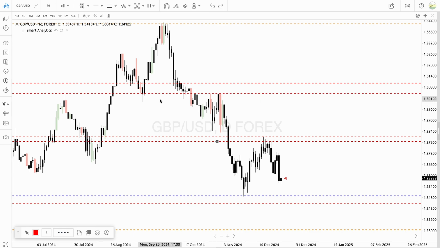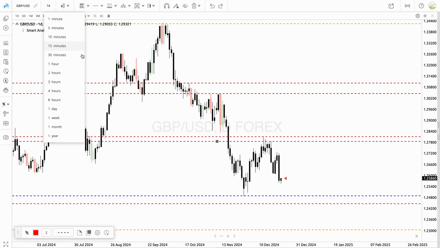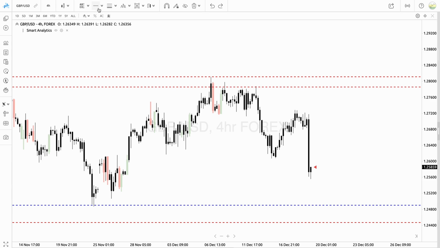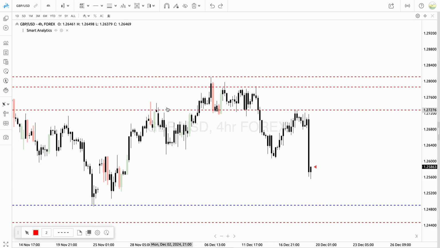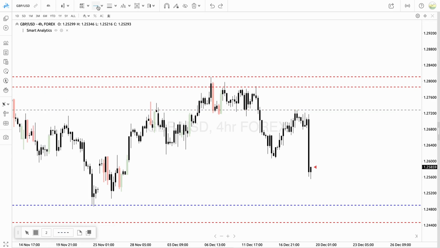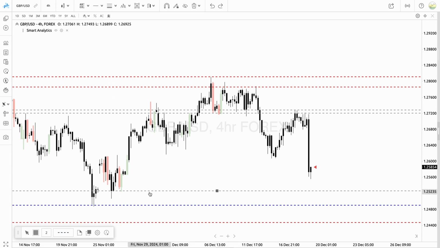So I have done the daily. I'm going to go down to the 4 hour. And we're going to mark off our levels. Once we mark off all the levels, then I'm going to go ahead and find out where we are in the sequence. And I'll do that with my Smart Fibonacci tool. And then we'll go from there.